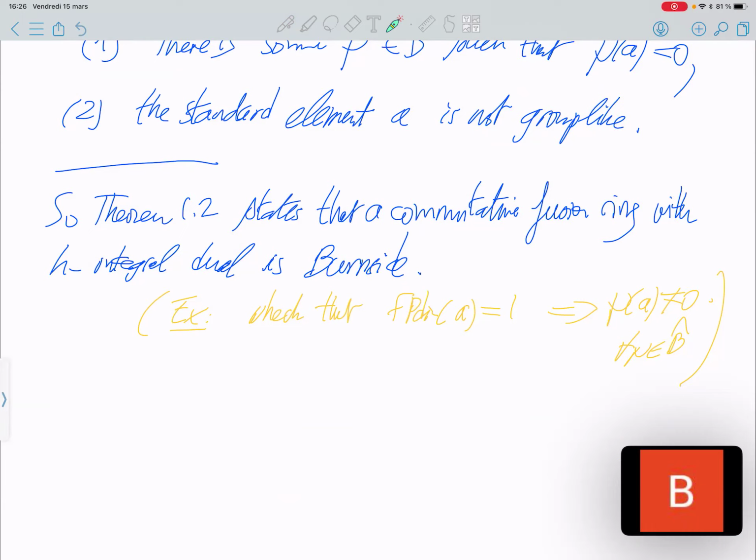You have a linear, one-dimensional irreducible representation. You can call that pi. And we want to check that for every group element, this is always non-zero. It should be clear.